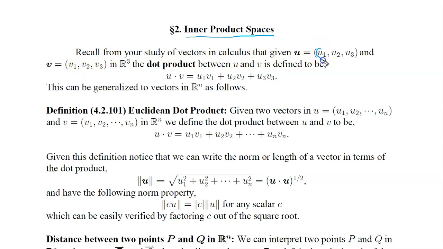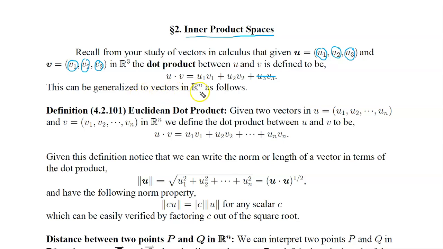For example, multiply u1 and v1 together, do the same thing for u2 and v2, and then just add, and then also u3 and v3. Now if we were working with vectors in R2, we just wouldn't have this last piece right here. So that's how we defined a dot product in R3 or R2.